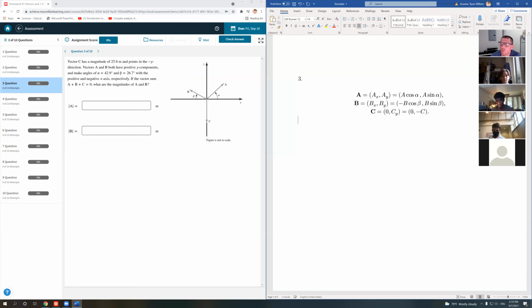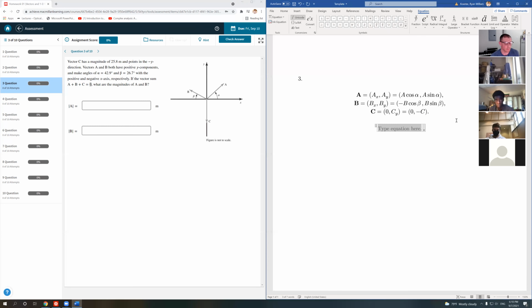Okay, cool. So I really dislike what they did here because they didn't indicate that this is a vector sum, because these are not in bold and they don't have arrows over them, right? So it might not be 100% clear. Let's just say what we demand is that A plus B plus C equals 0, and this is a vector.